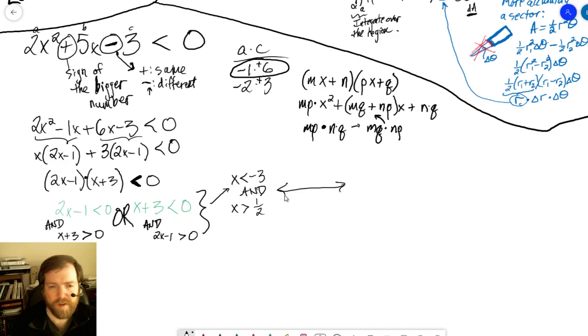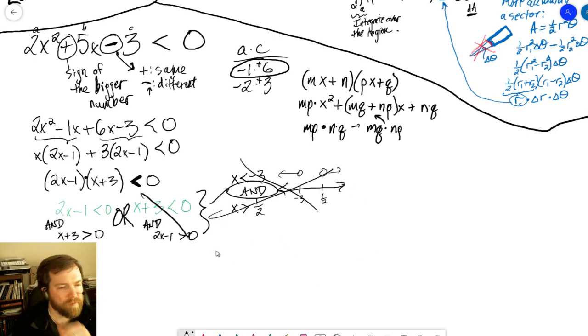It says that we must have both that x is less than negative 3, so we're going that way, and also greater than 1/2, so we're going that way. An AND statement says that we're trying to find the intersection of these things. So where do they overlap? Well, they don't. So this is not possible. This whole solution is out. And then we can work with this one here.